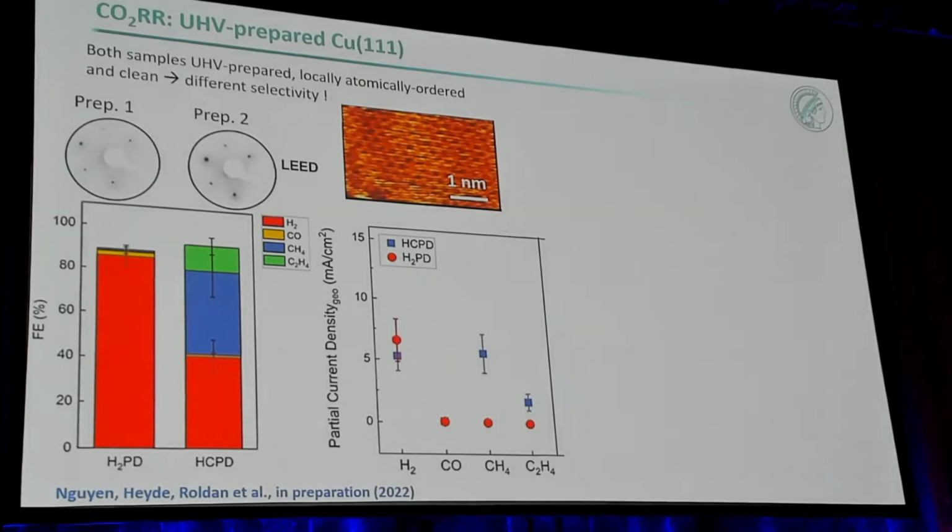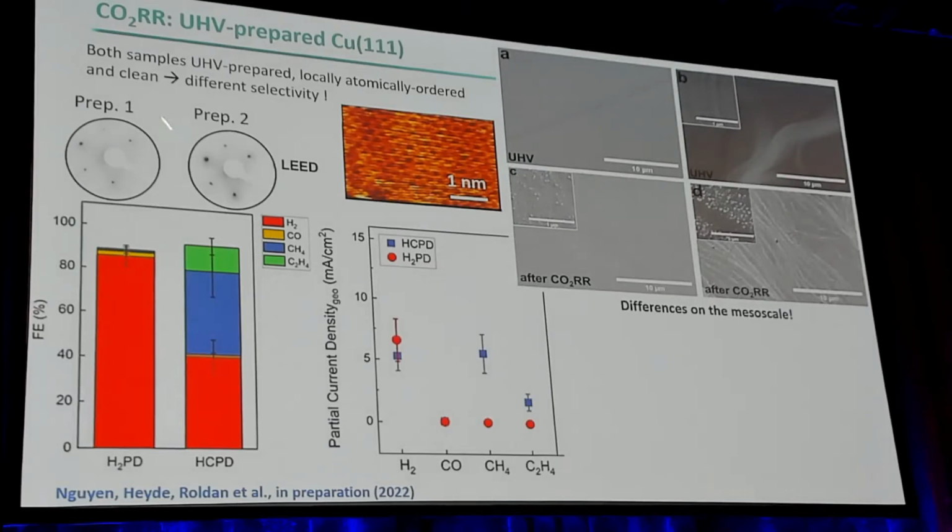So if you look at copper 111, we have exactly the same surface, with LEED it looks the same, with STM locally the surface looks exactly the same, but we see the selectivity very different. So on this type of preparation, we see hydrogen being produced. On this preparation, we see the hydrocarbons being produced. At the atomic scale, if you look with STM, they look exactly the same. With all the surface science methods that you could possibly look, they are clean, they are prepared in ultra-high vacuum.